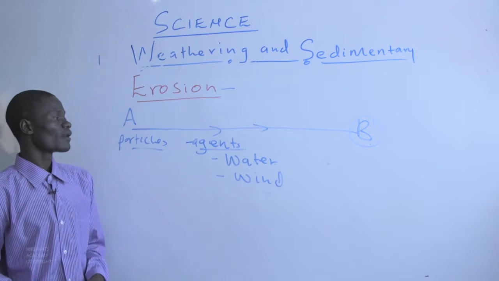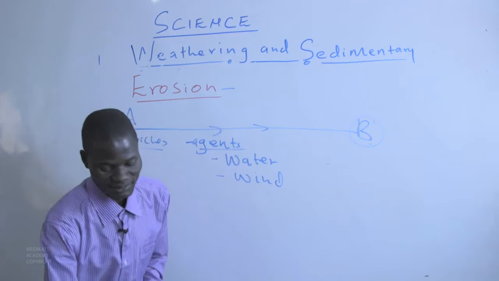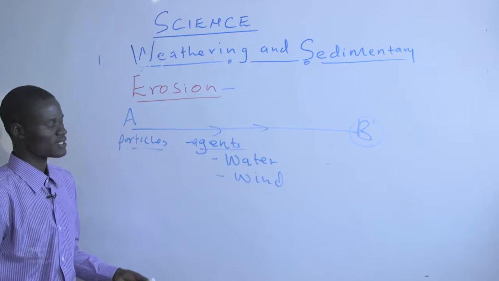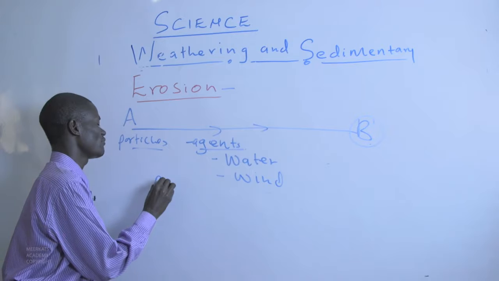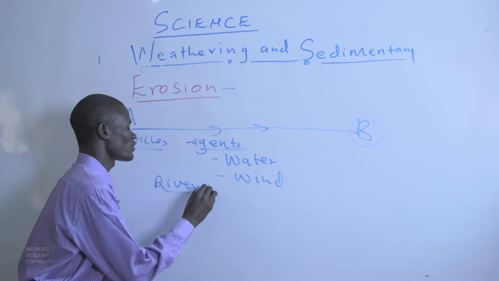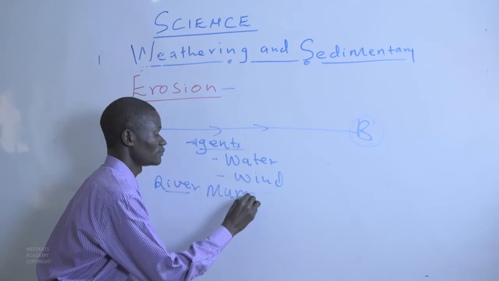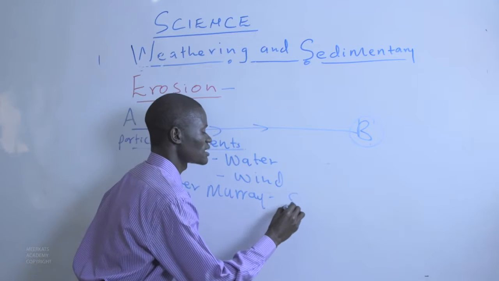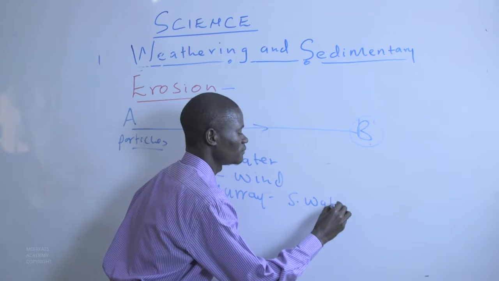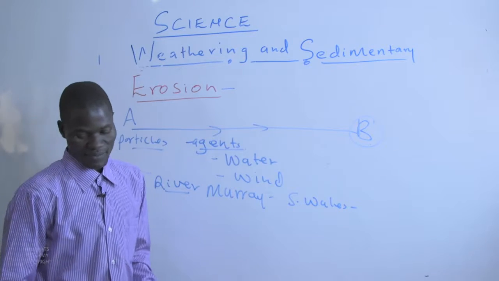For example, let's look at the River Murray in New South Wales. We have the river called River Murray. That one is found in New South Wales, Australia.